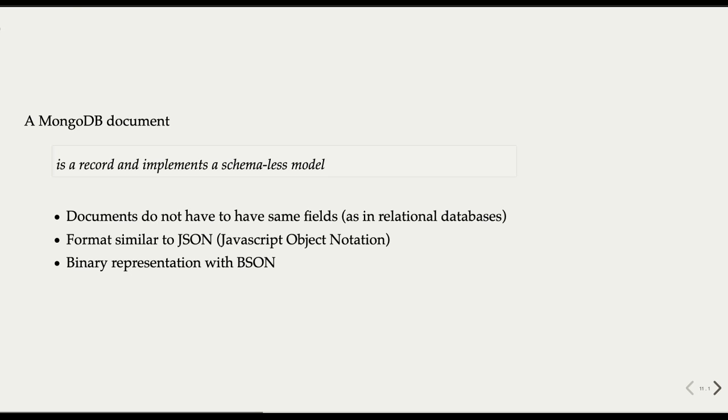This is very different from a relational database where you have to have a schema or structure predefined before you can even populate data. In MongoDB, the format of a document is similar to JSON. You use JavaScript Object Notation to create a piece of data, but when you insert it into your collection, it becomes a binary representation, called BSON, on the disk.